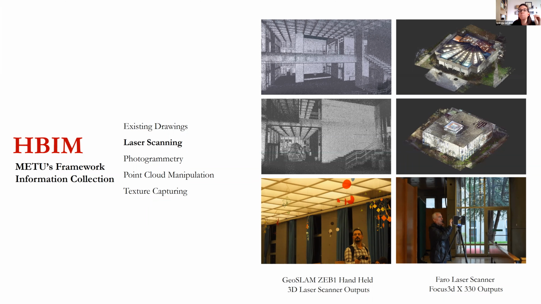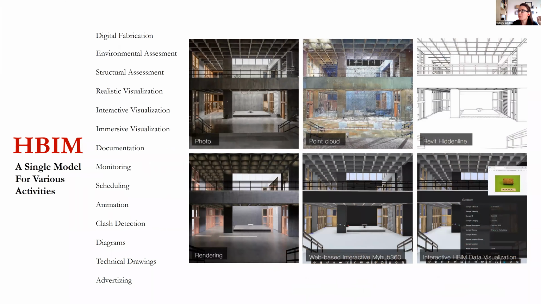And using the point cloud, a detailed heritage BIM model was developed, and this time it was manually developed. It was a long process, but you can see the different representations ranging from the actual photo to the point cloud in the second image.